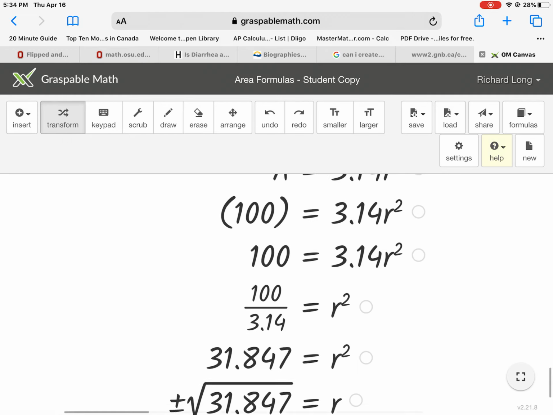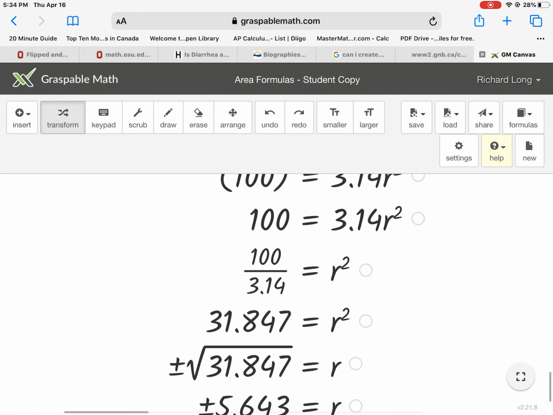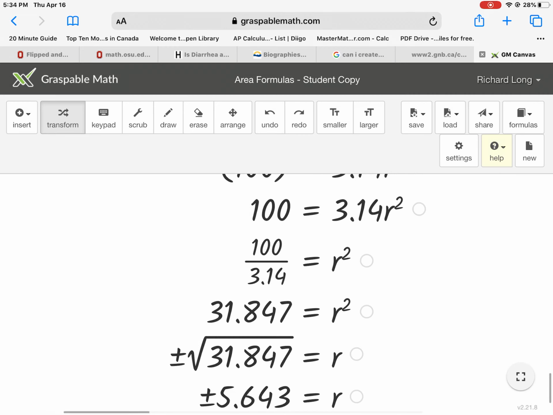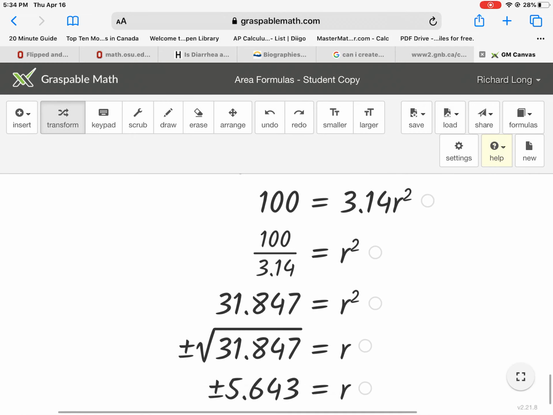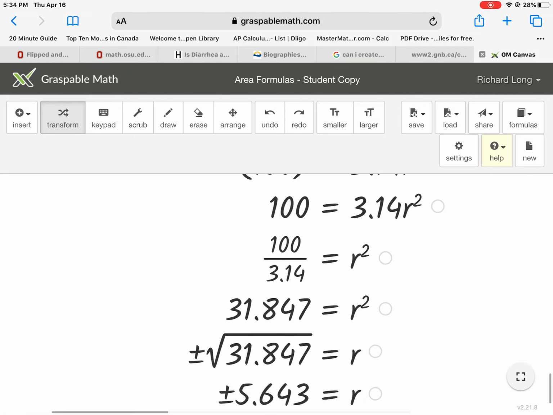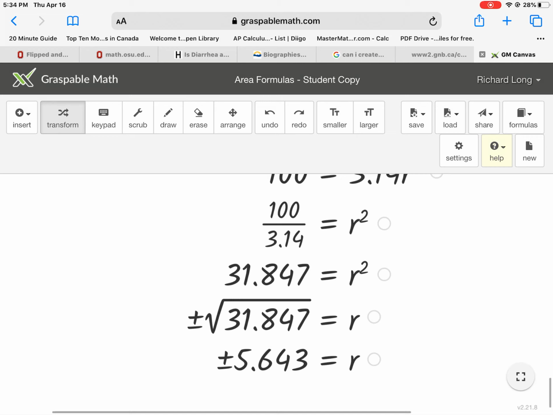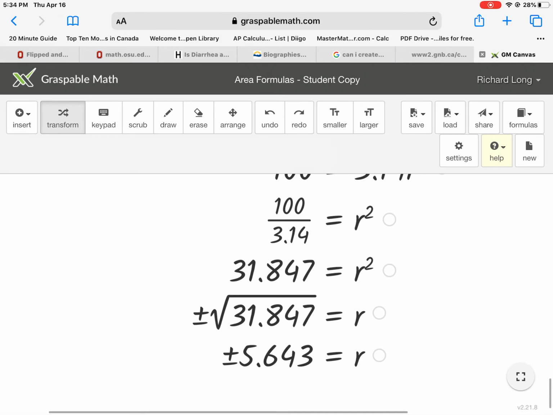What's the opposite of multiplying by 3.14? Dividing by 3.14. And then I used my calculator to get my answer. So I double tapped on the line there, the 100 divided by 3.14, and that worked out to be 31.8. And that was still r squared.